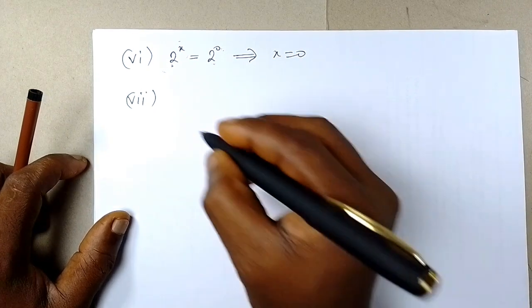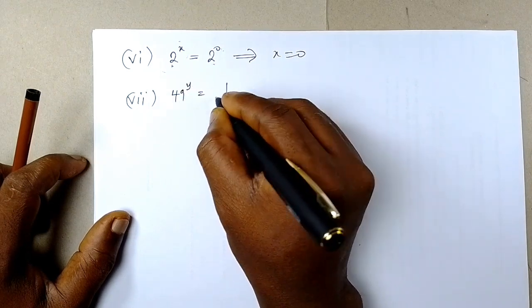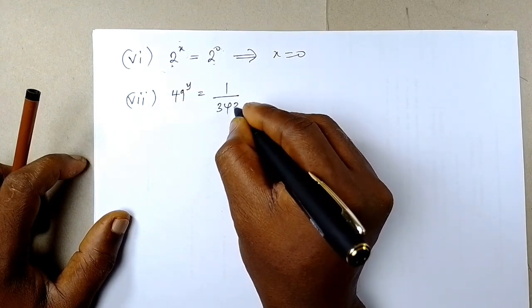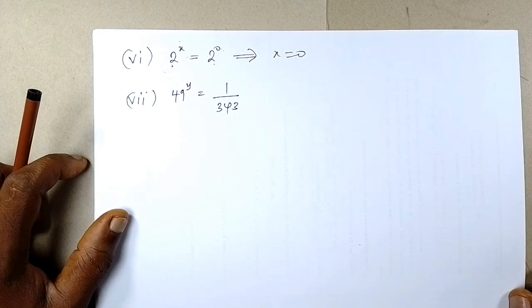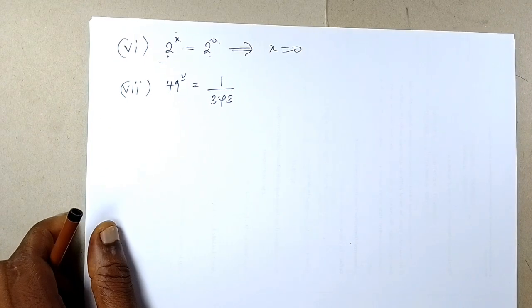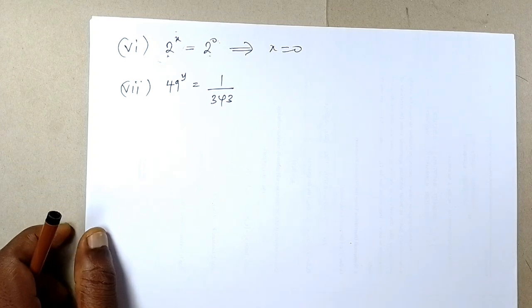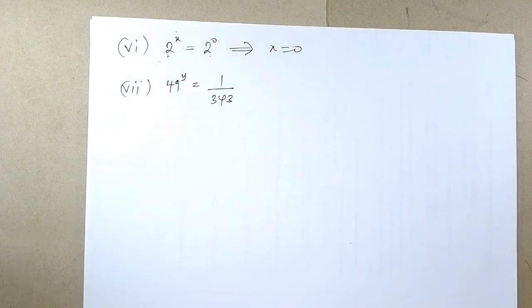So this is 49 raised to power y equals 1 over 343. Let's see how we get that done. Like we said earlier on, the problem in indicial equations remains simple.